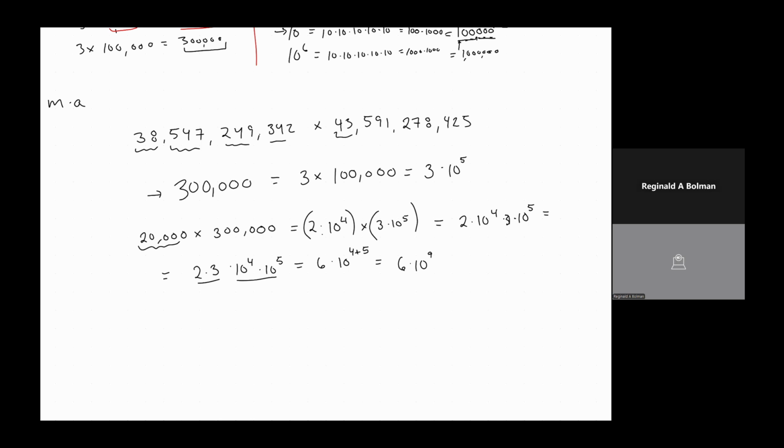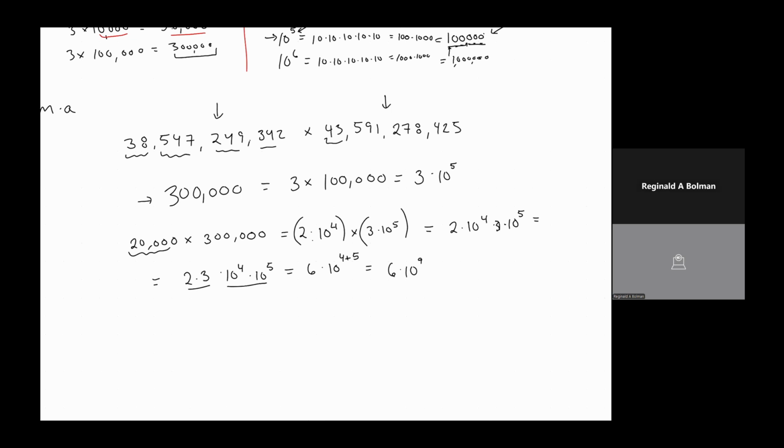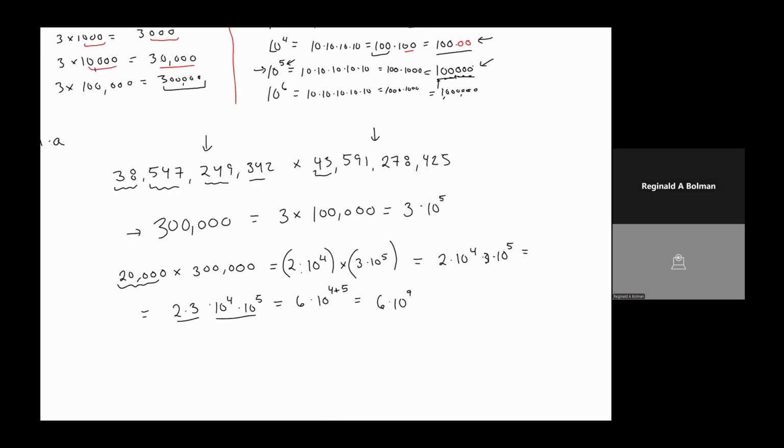What we can do above is use this same trick. It's true that 38,547,249,342 multiplied with 43,591,278,425 is just really nigh impossible for me to do by hand. If we instead count the number of digits that exist past the 38, in this instance, I have 1, 2, 3, 4, 5, 6, 7, 8, 9.